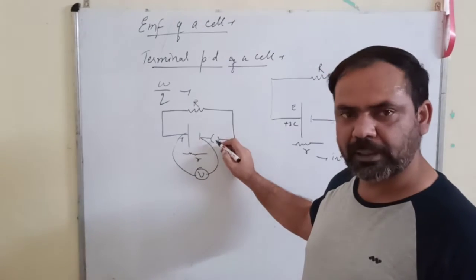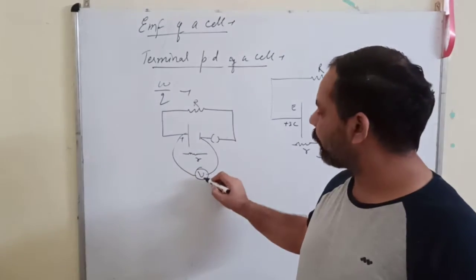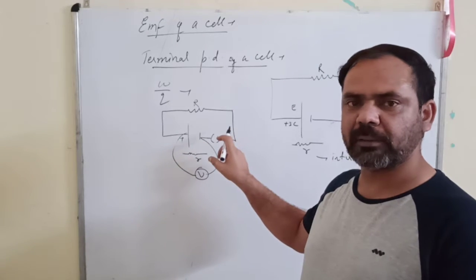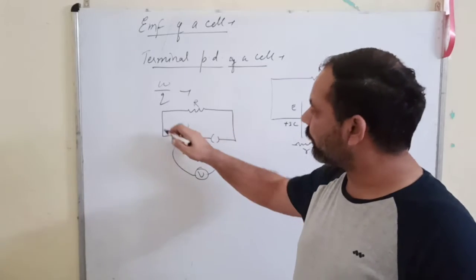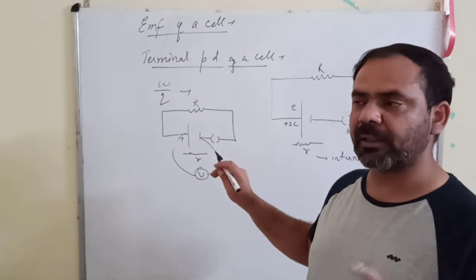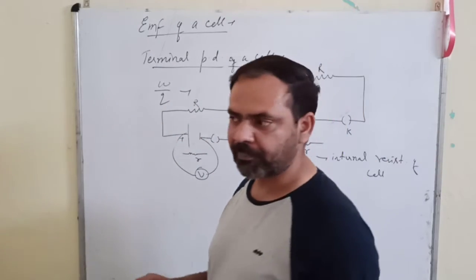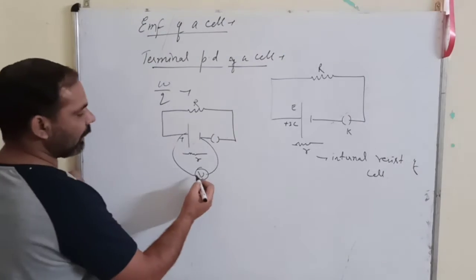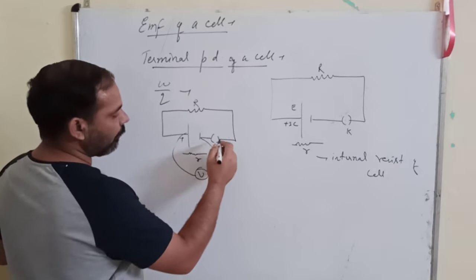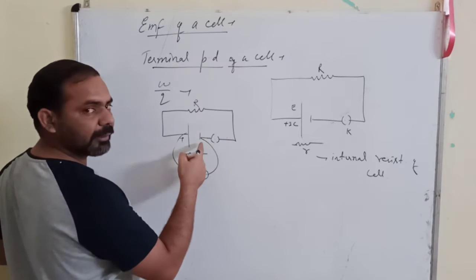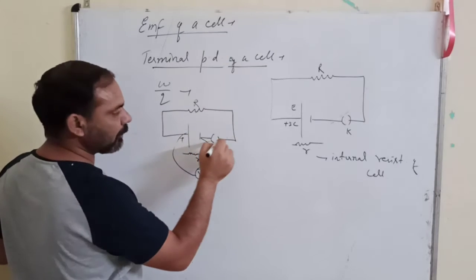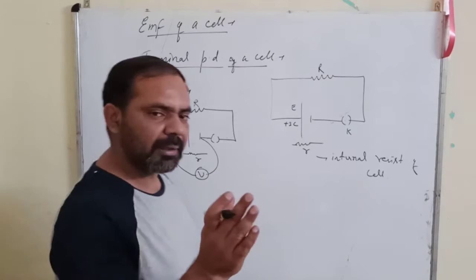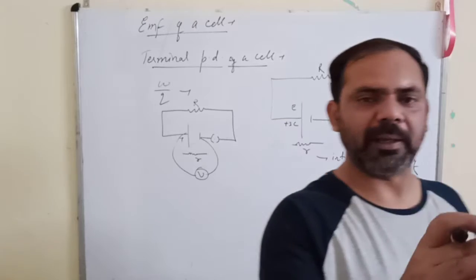When the key is open, the voltmeter is reading the potential difference of the plates of the cell, and no current is passing through the circuit, so there is no involvement of any resistance. So it is measuring the EMF. Once you switch on the key, current will start flowing through the circuit, and you will find that the reading of the voltmeter decreases by some value.